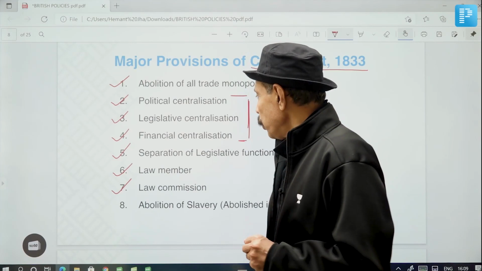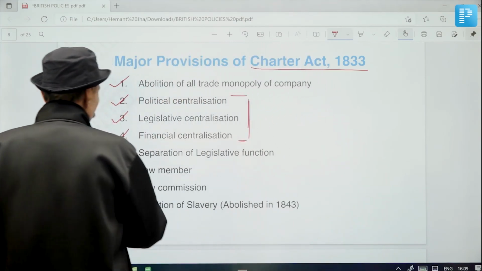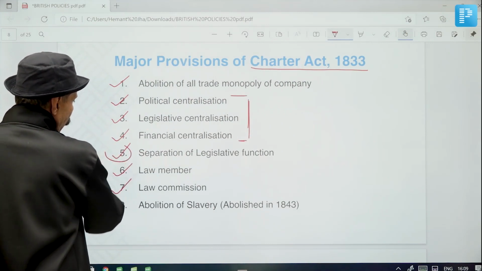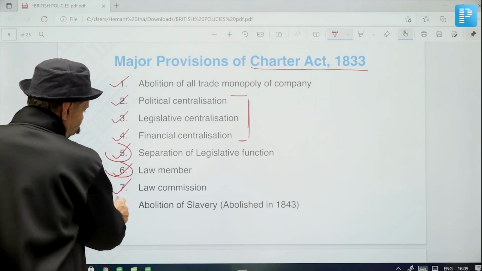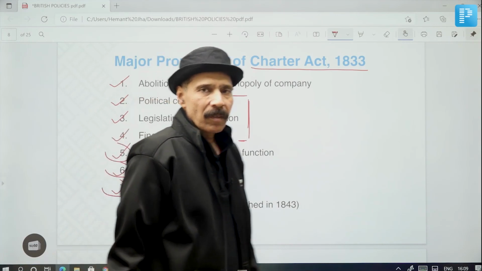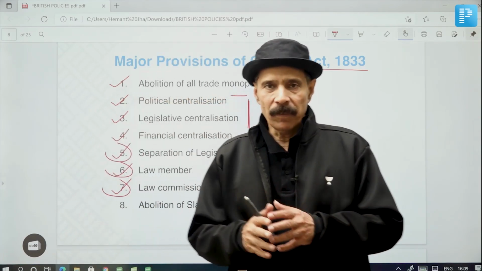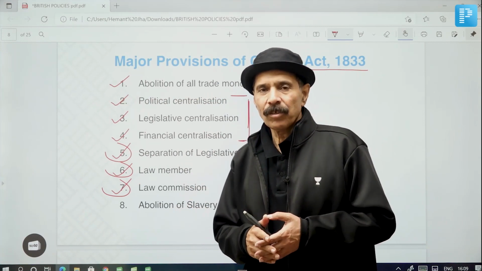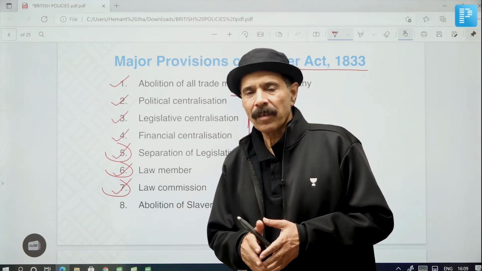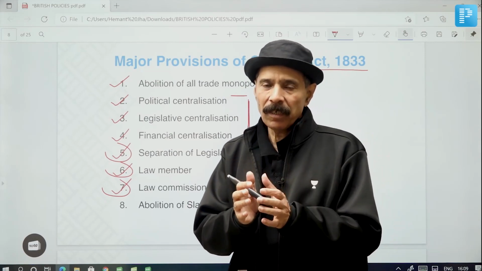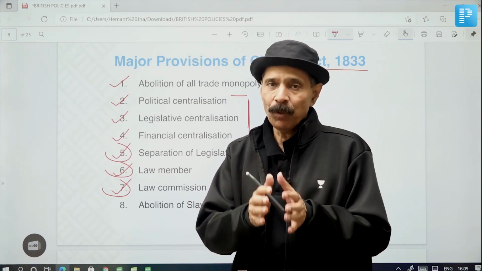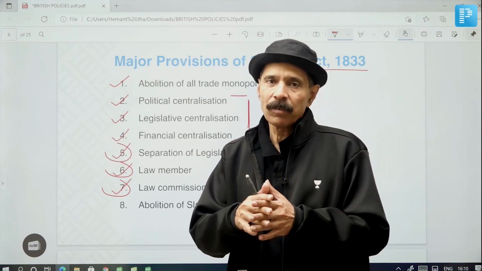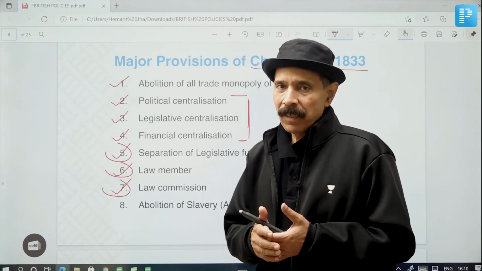Now consider three points here: point number 5, point number 6, and point number 7. They are associated with the law-making process. Creation of a body, but this body was not a new body, rather the same body functioning separately for lawmaking.